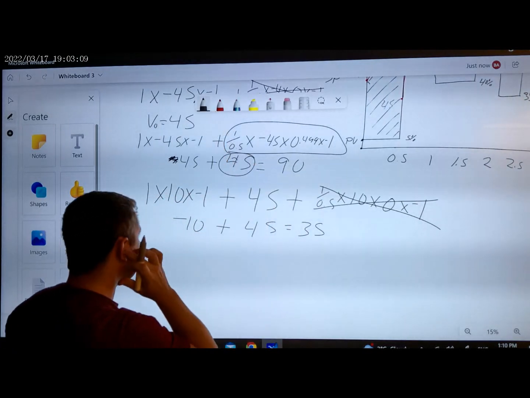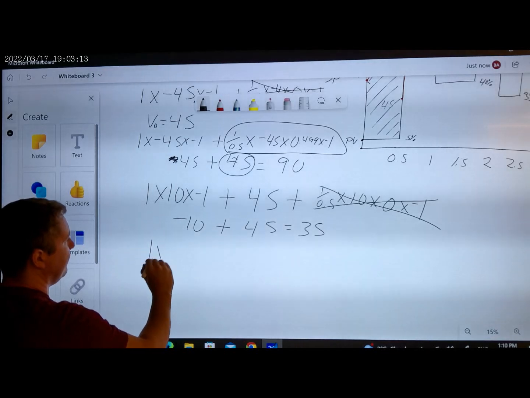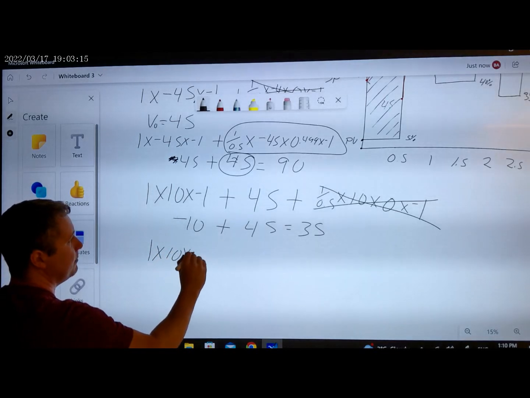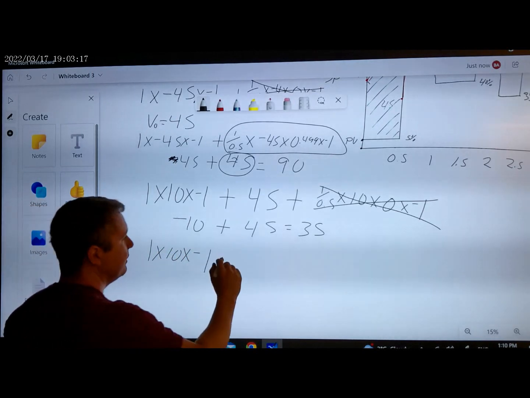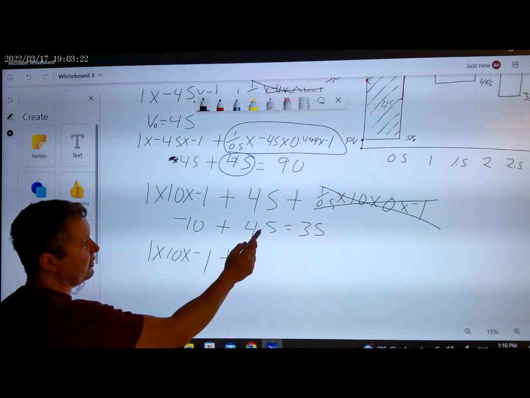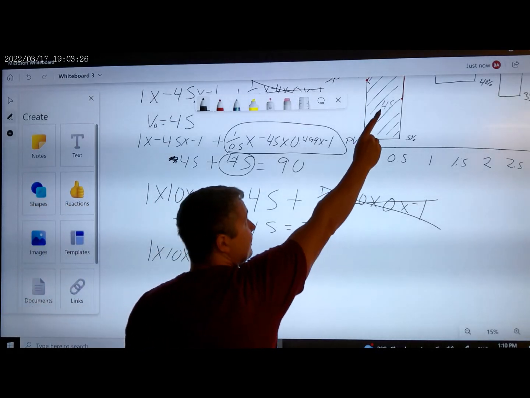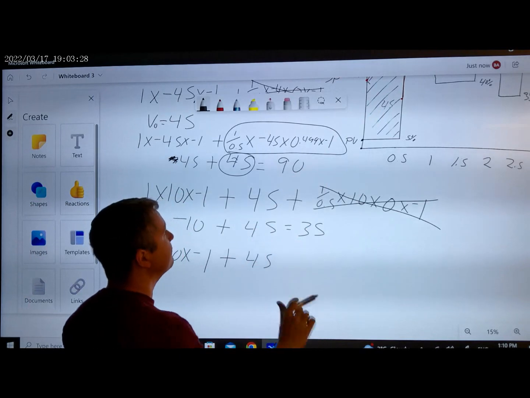So now, again, we're going to do the whole equation, 1 times 10 times minus 1 plus, we're still going to use our 45, because the 45 is that 45 right there that we're carrying through with us.